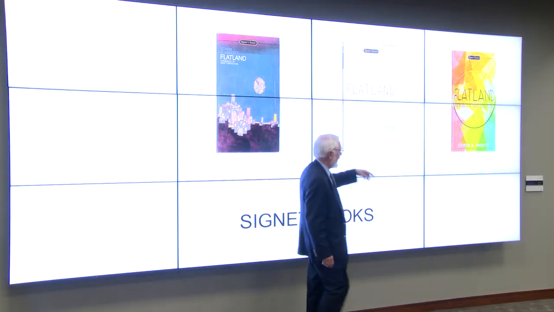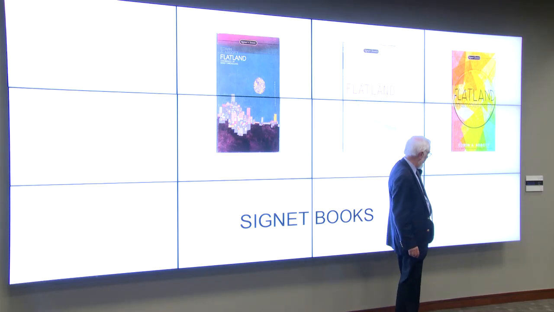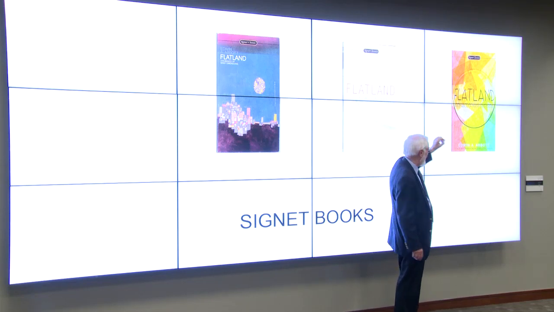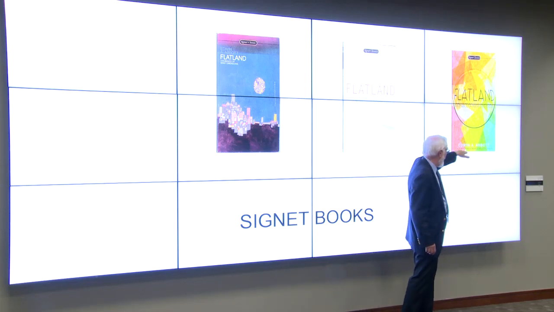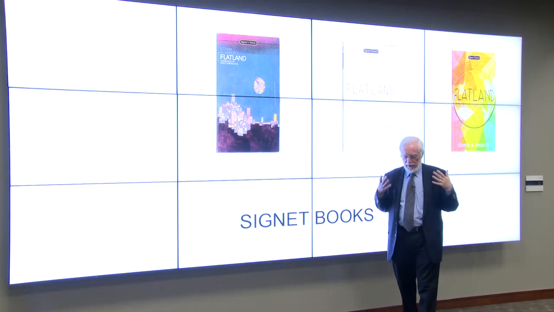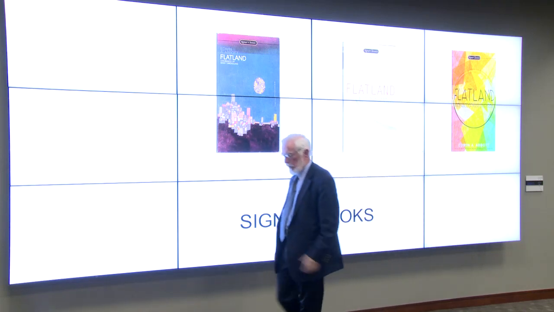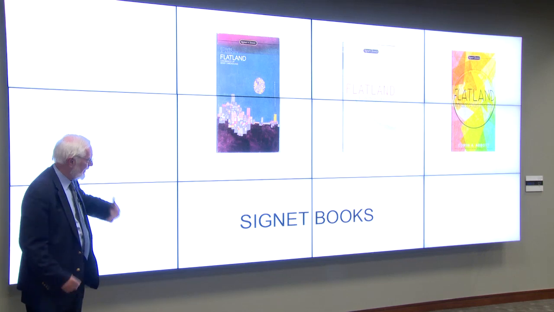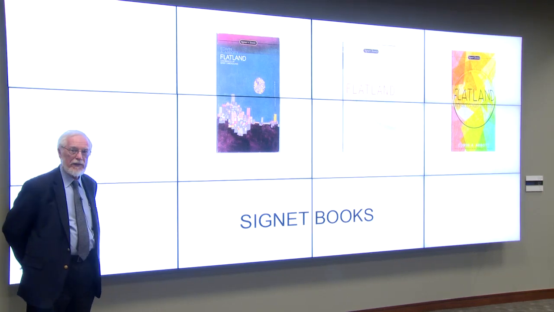And the Valerie Smith introduction appears in the most recent book. This is 2013. This is the most recent edition of Flatland with an afterword by John Allen Paulos, who's very well known as a writer about numeracy. So it continues to get new introductions, which makes it really interesting from our point of view.